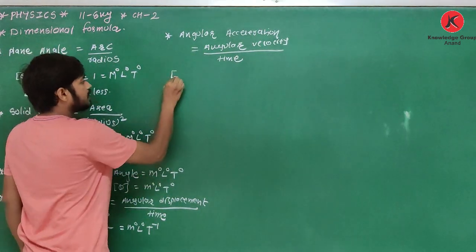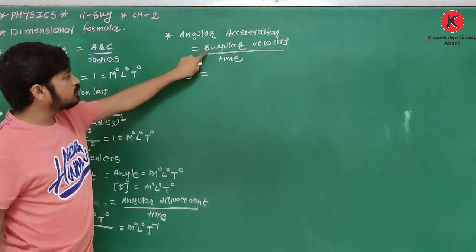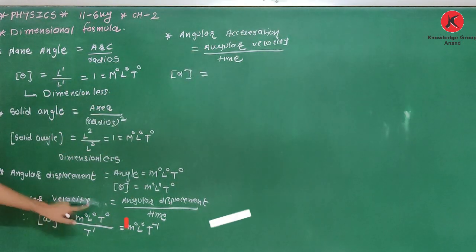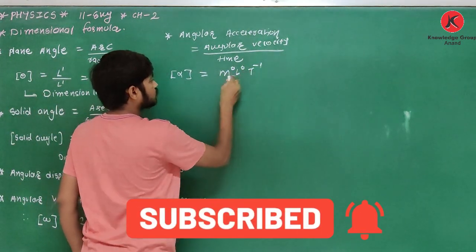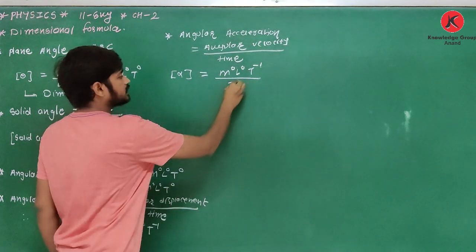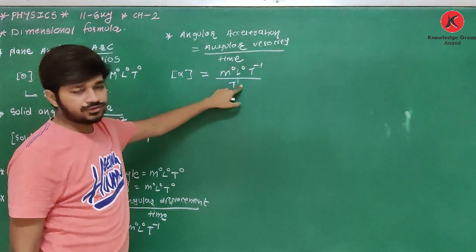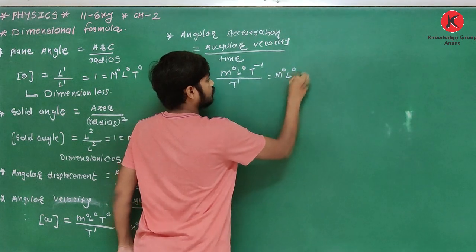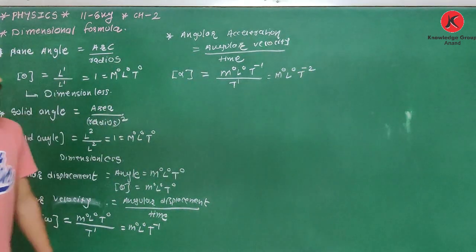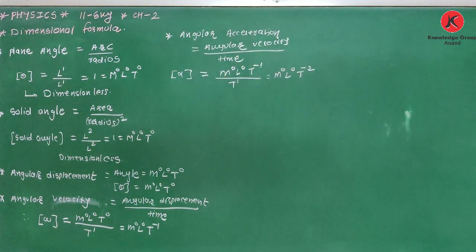Angular acceleration is denoted by alpha. Its dimensional formula is equal to the dimensional formula of angular velocity, which is M0, L0, T minus 1, divided by time, which is T1. If I take this T1 in the numerator, it becomes negative, so it is M0, L0, and T minus 2. Clear about this? So it is the dimensional formula of angular acceleration.